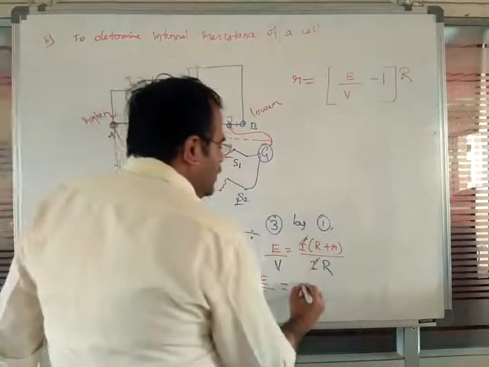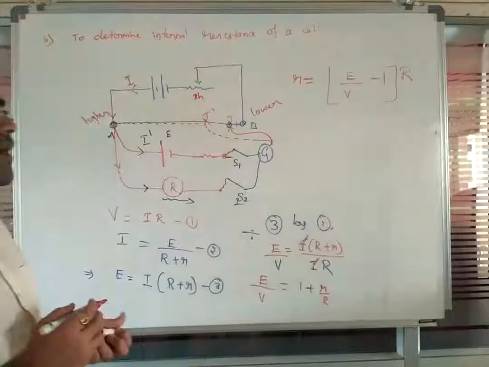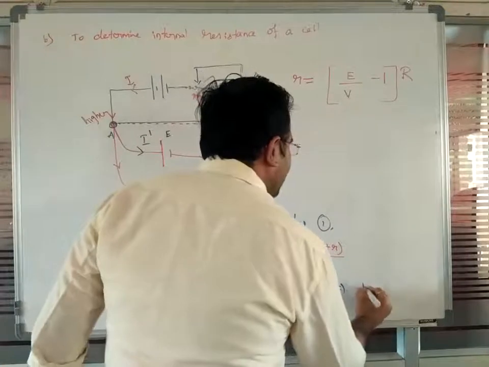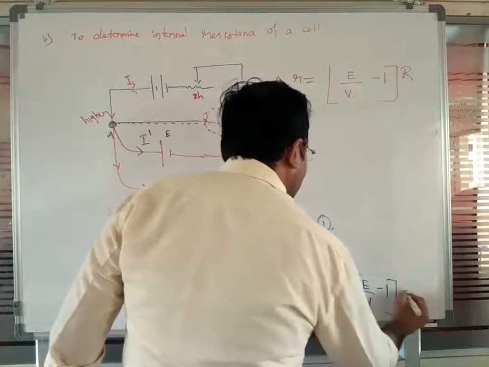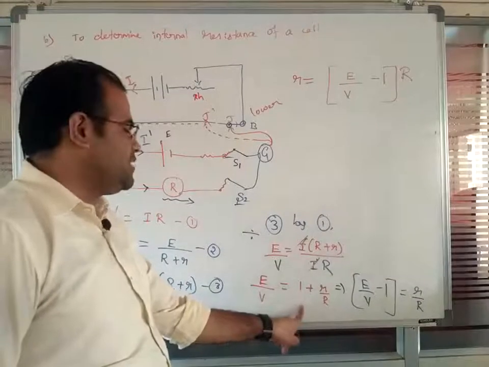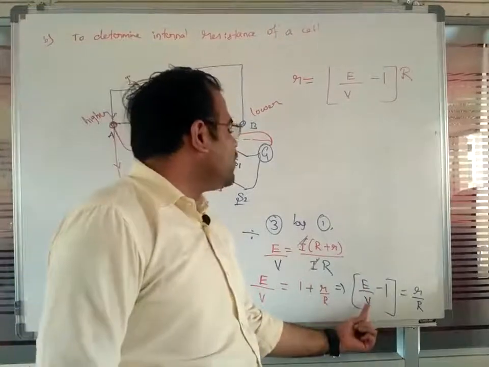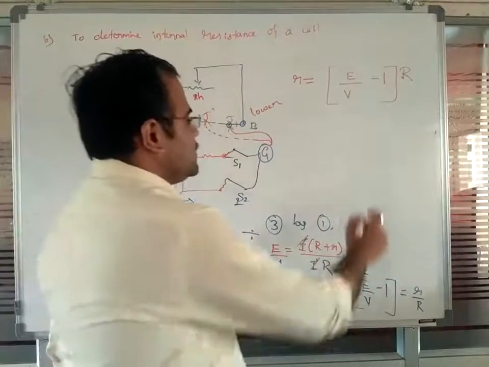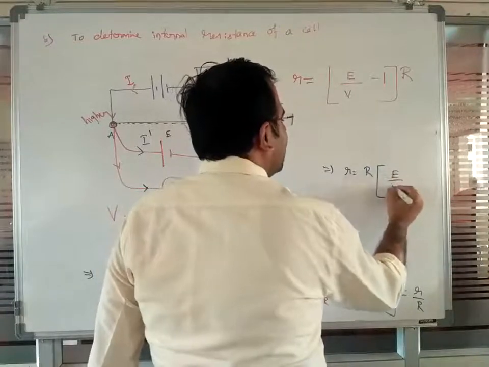After dividing, we can write 1 plus small r divided by capital R. Again this implies E divided by V minus 1 is equal to small r divided by capital R. We take it for the LHS terms. So again this implies small r is equal to capital R multiplied by (E divided by V minus 1).